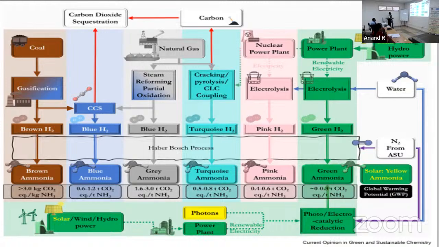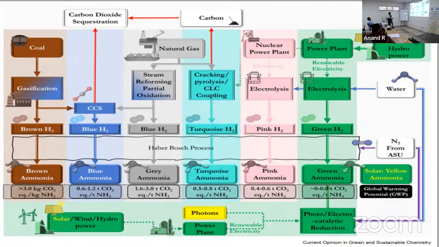Then we can say, by using natural gas, if you are going for steam methane reforming, from methane, natural gas, you are producing the ammonia. That's called grey ammonia or blue hydrogen or grey ammonia. The raw material source or the fuel is not coal, it is methane, so natural gas.